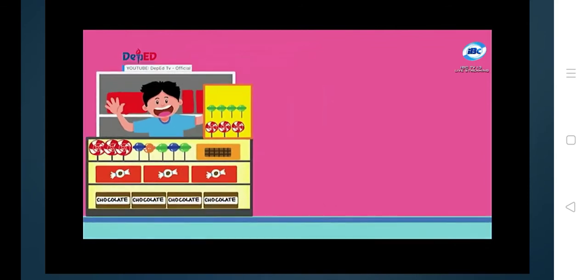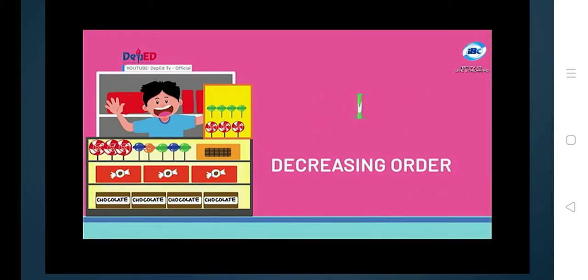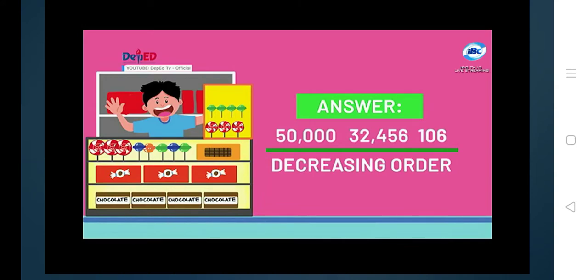Number 4: 106, 32,456, 50,000. The correct arrangement is 50,000, 32,456, 106.